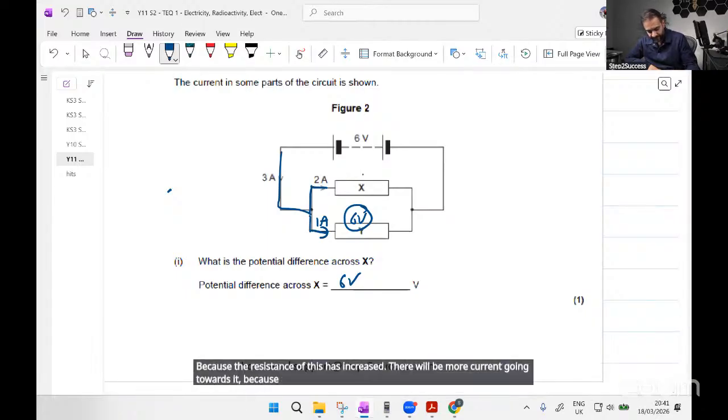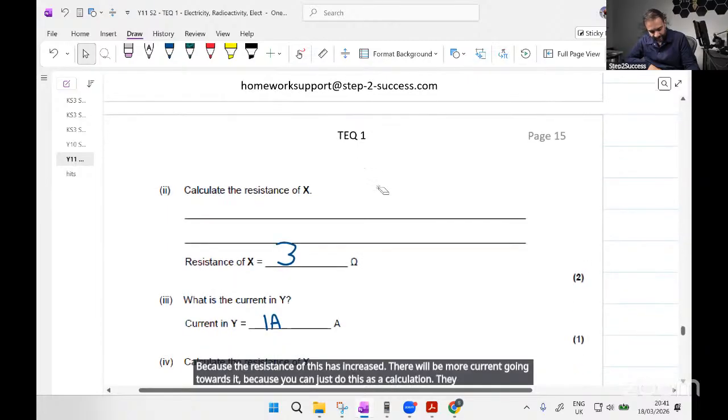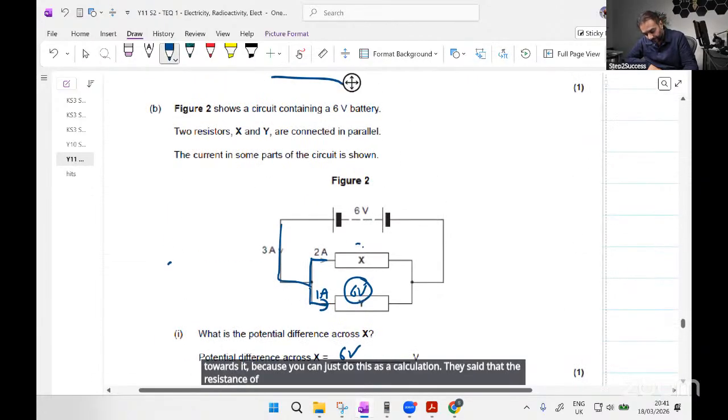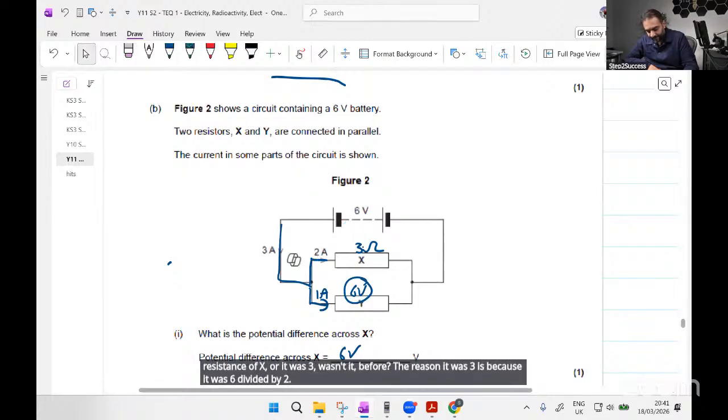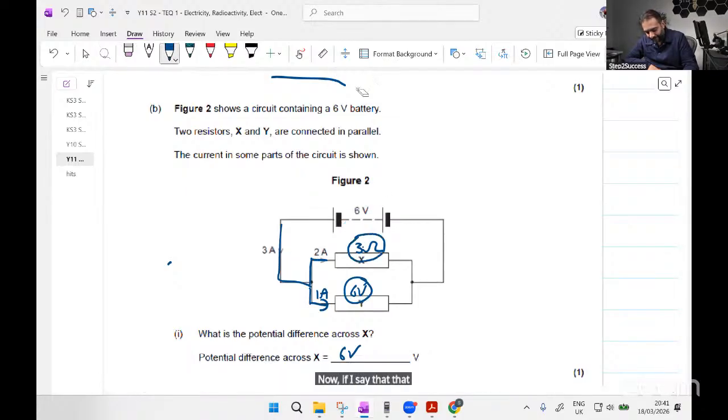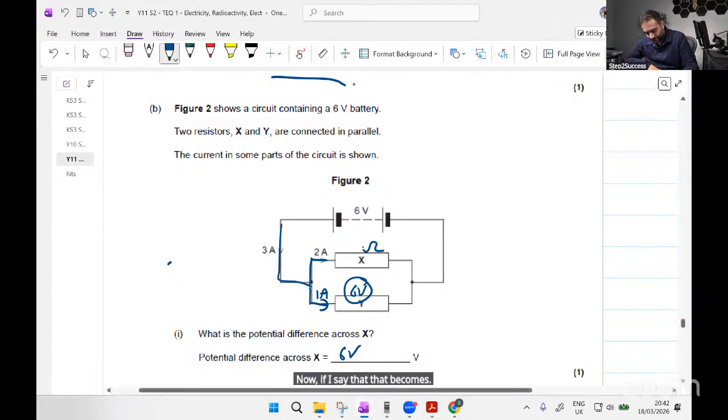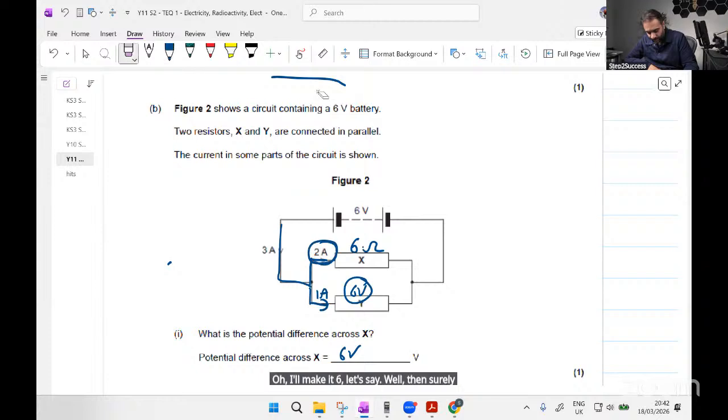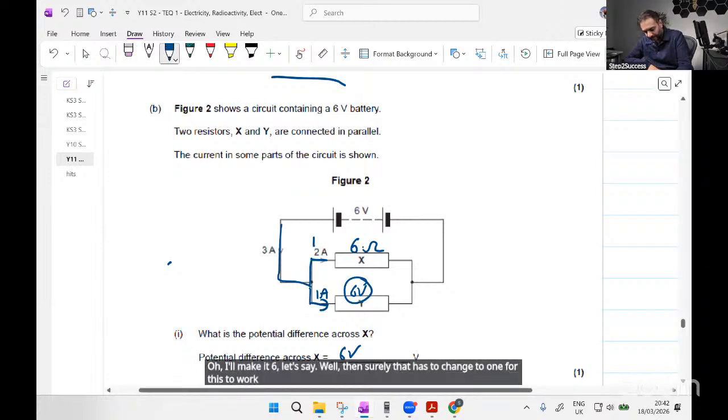Because you can just do this as a calculation. They said that the resistance of X was 3 before. The reason it was 3 is because it was 6 divided by 2. Now, if I make it 6, let's say, well, then surely the current has to change to 1 for this to work, right? Because resistance is voltage over current.